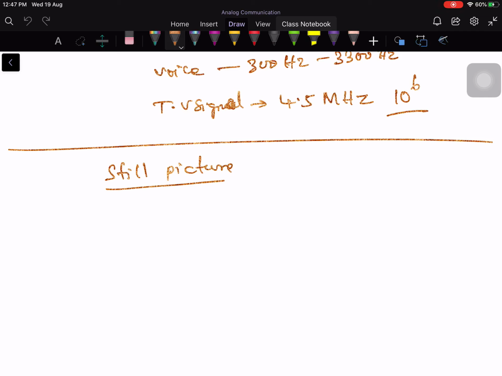I can scan it slowly, making it compatible with the bandwidth available in the communication system. That is precisely what you do in a fax machine. That is the reason I can transmit the fax signal through a telephone line, but you cannot transmit your TV signal through telephone lines, because the telephone line is designed to carry only 4 kilohertz of bandwidth.